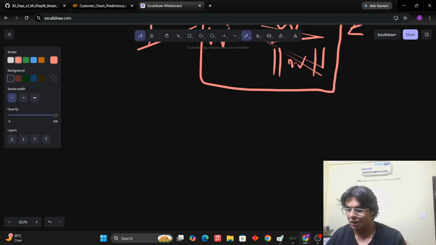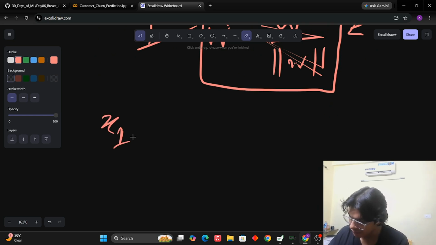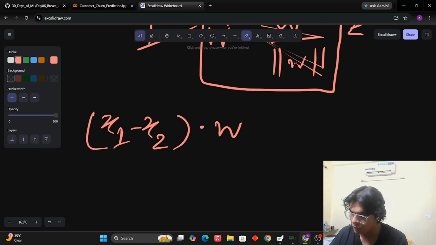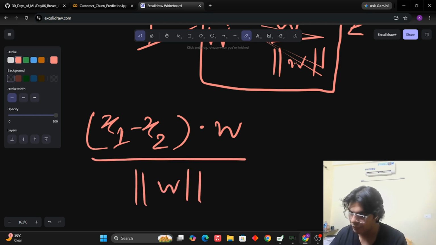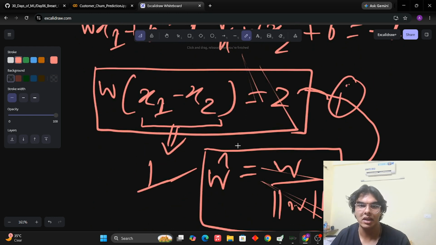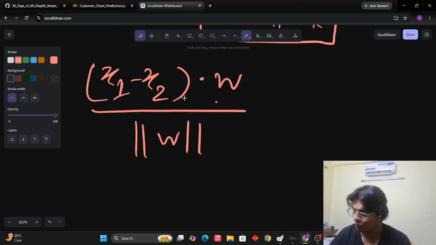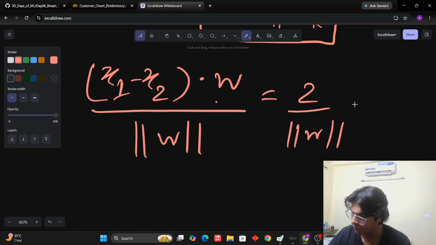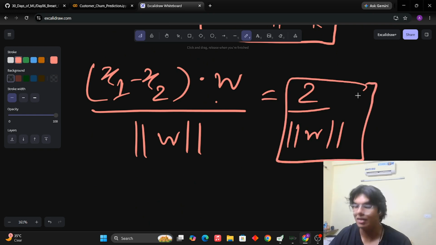So upon doing that, we are going to get something like x1 minus x2 multiplied by w divided by mod of w. Okay. And now it's just over because when we go back to this equation 1, we can see that w multiplied by x1 minus x2 is 2. So we plug in this value here to get nothing but 2 divided by modulus of w. Okay, final result. This is it.